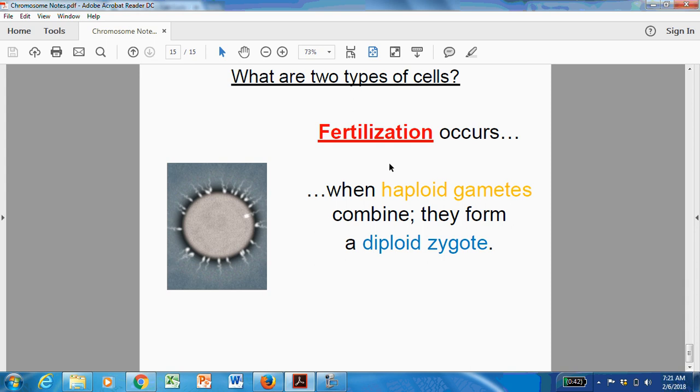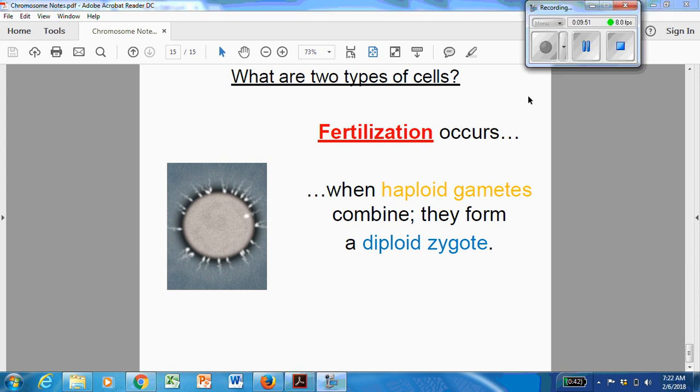I also want to note here, not only are there two types of cells, gametes or body cells, there are also two types of chromosomes. We'll take a look at this when we really look at pictures of chromosomes later on in the unit. But you have to understand that out of your 46 chromosomes, there are 2 that identify what gender you are.